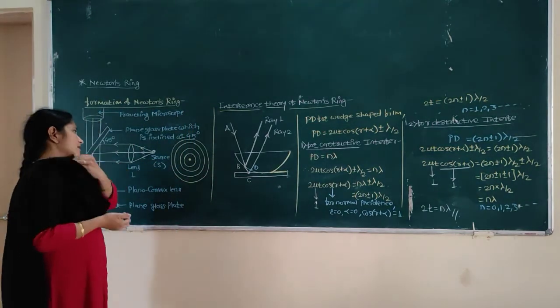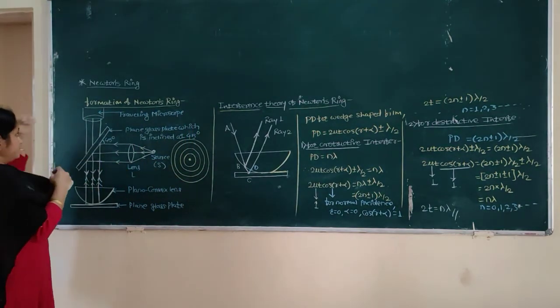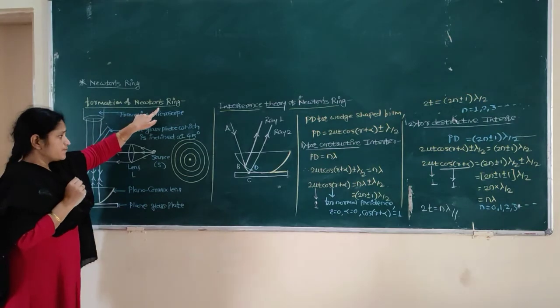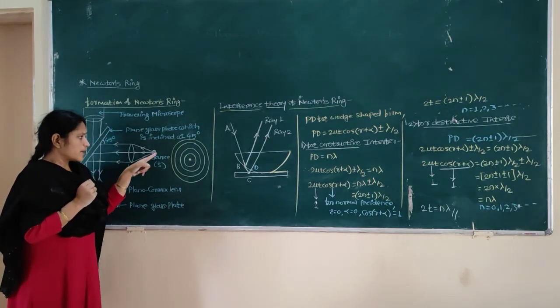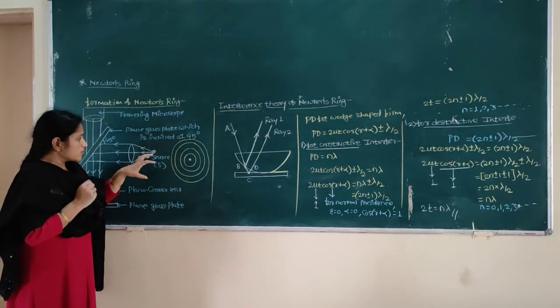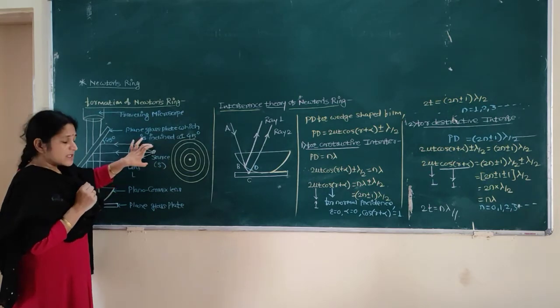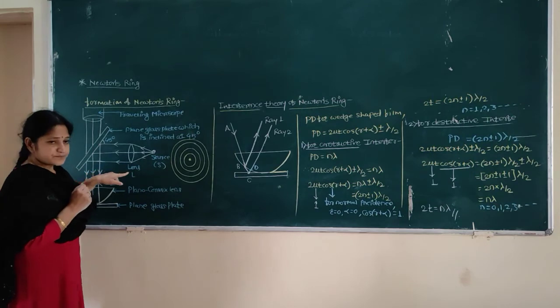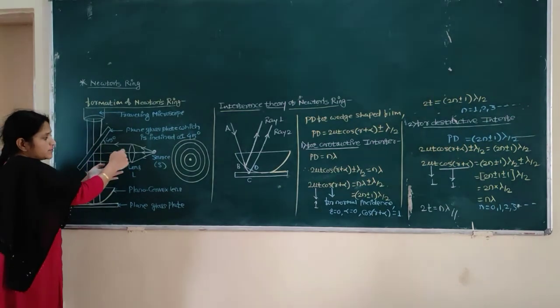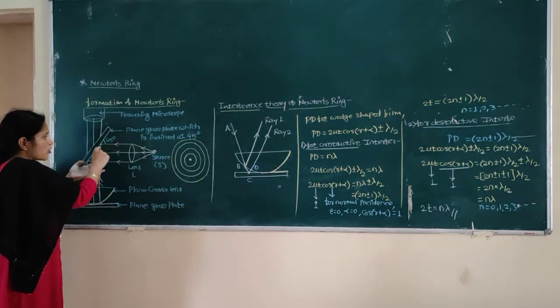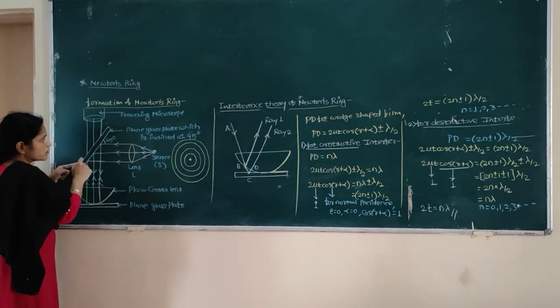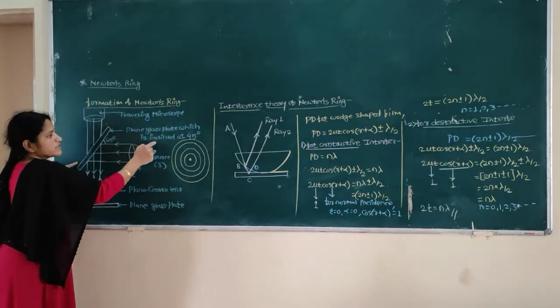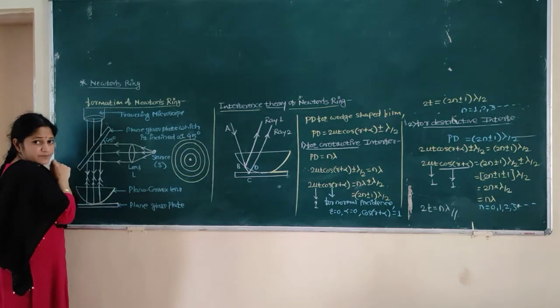So one more time I will explain the formation of Newton's ring. Here a source of light is there. From that source of light a monochromatic beam will focus on the lens L. Okay, and after that the ray of light is normally incident or focused on the plane glass plate which is inclined at 45 degree.